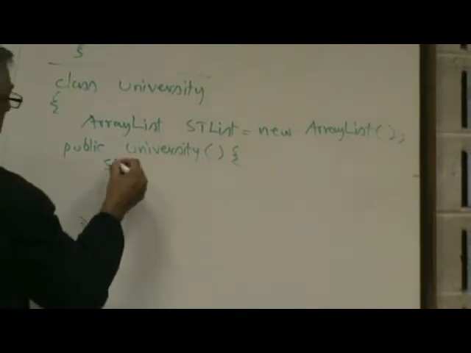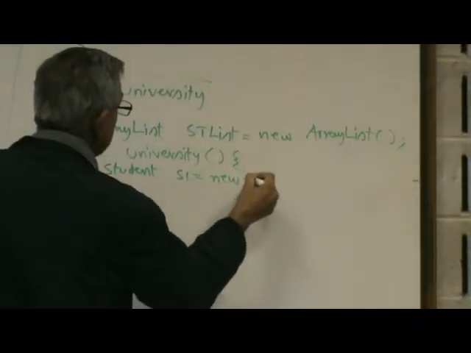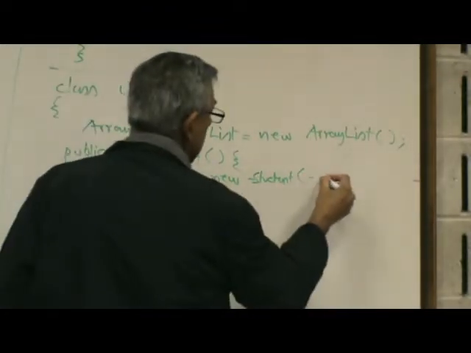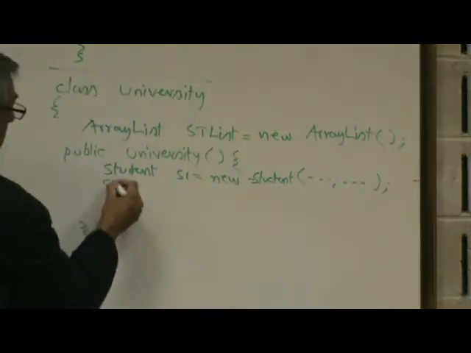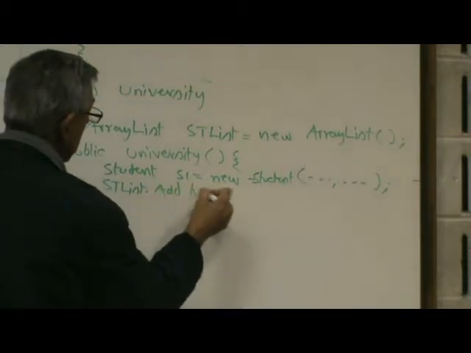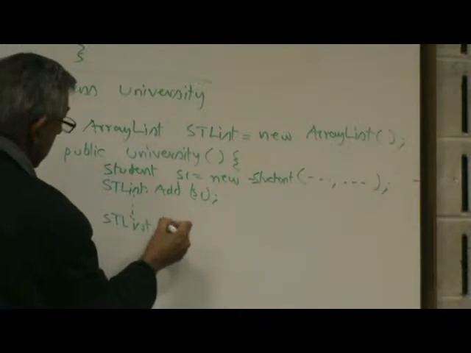So we say student S1 equal to new student, and whatever initial data we put, and then we say st list dot add S1, right? And so on, st list dot add.